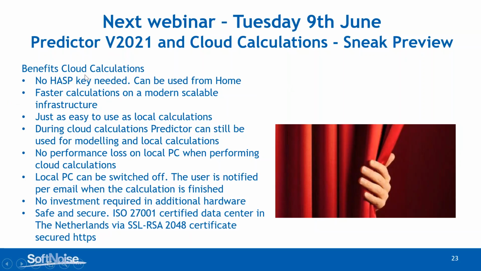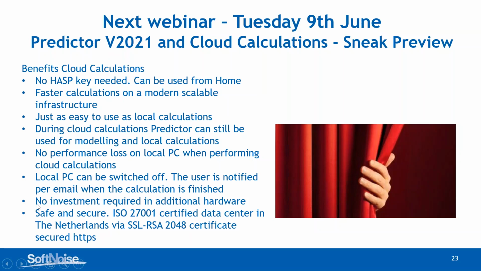The benefit of the cloud calculations is that you do not need a hasp key. You can use it from any location, also from your home. It will give you a faster calculation, just as easy as local calculations. And during the cloud calculation, you can use Predictor for modeling and local calculations. You've got no performance loss on your local PC, of course. You can even switch it off, and you are notified by email when the calculation is finished.